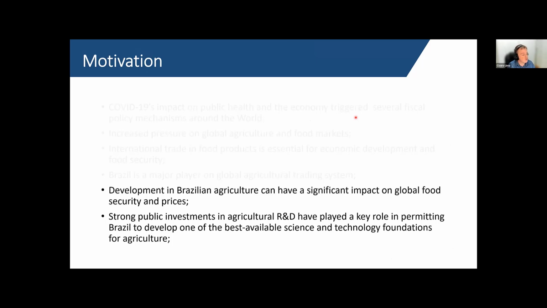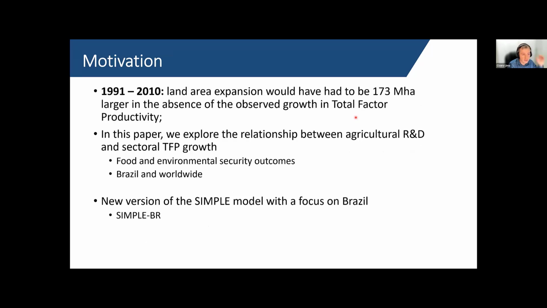And strong public investment in agricultural R&D plays a key role in Brazil to develop the best available science and technology for tropical and subtropical livestock systems and also for crop production.